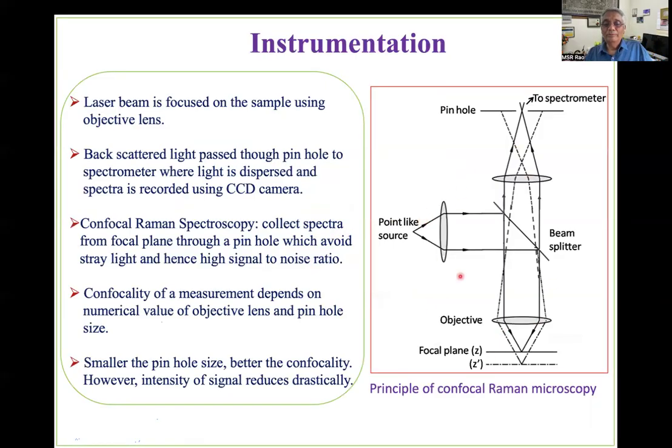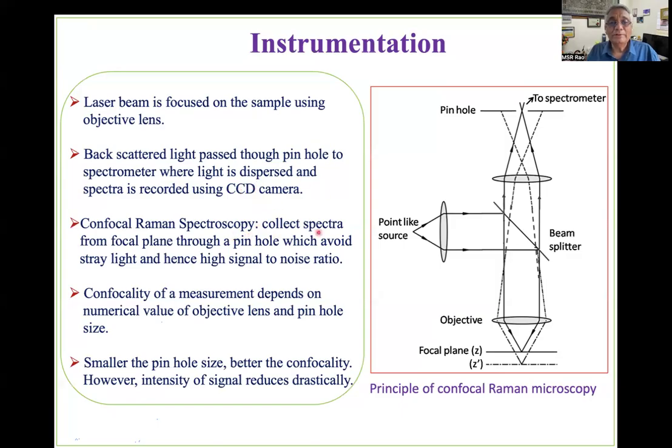There's also this beautiful principle of confocal Raman, where the laser is focused onto a spot so that you get a high amount of intensity of the scattered light that can be captured by the CCD cameras.